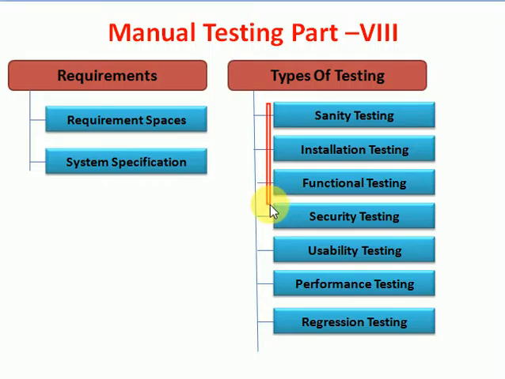Then there can be security testing to test that the data is secure, private, and so on. Then there is the usability testing, testing it from ease of use and efficient use point of view. Then performance testing to test for fast response, high throughput, and being able to support the required number of users. And finally the regression testing is done.